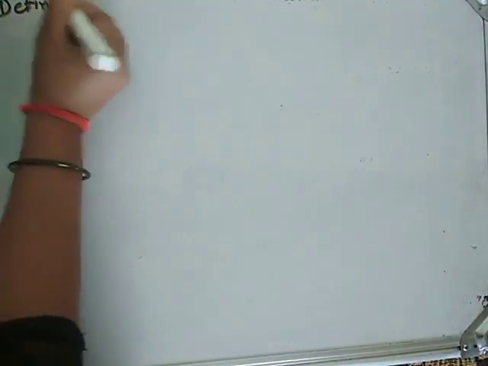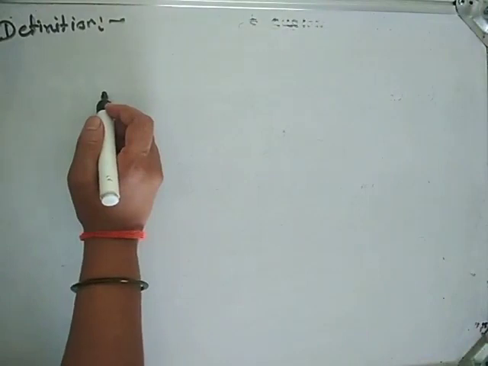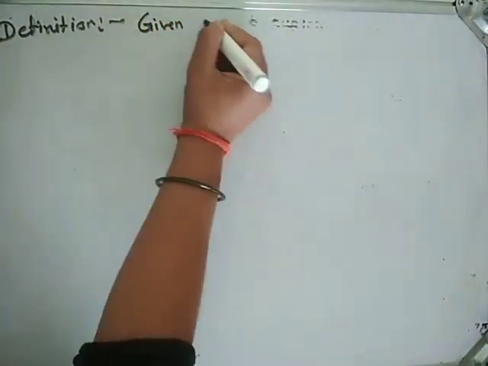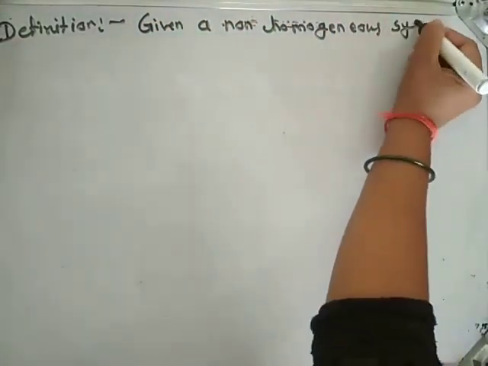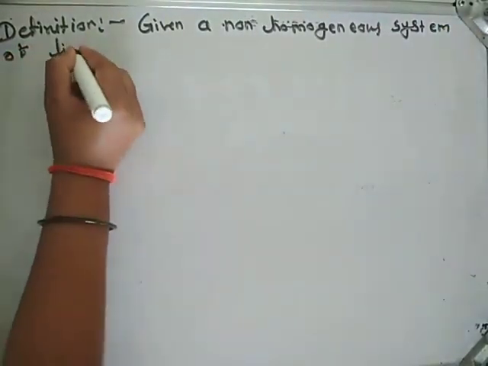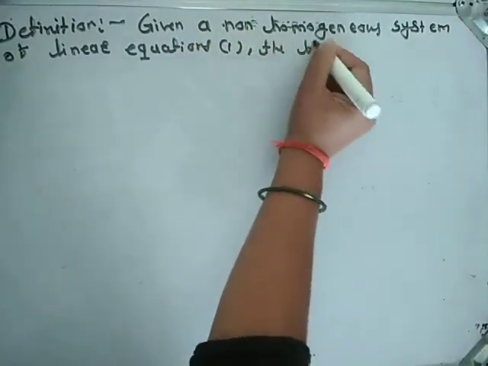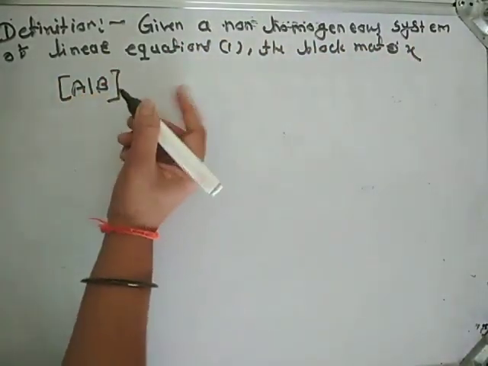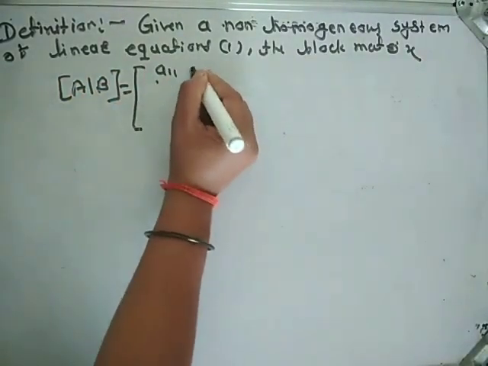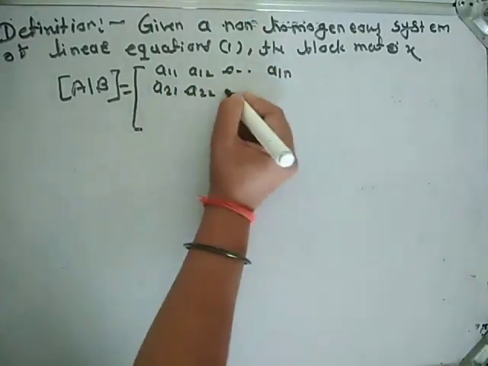Now let us take one definition. Definition: given a non-homogeneous system of linear equations 1, the block matrix A augmented B, this is equals to a11, a12 and so on up to a1n, a21, a22 and so on up to a2n.